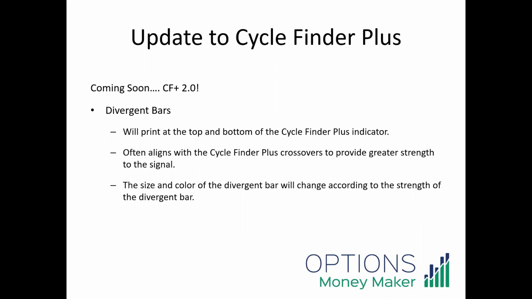And again, we're not specifically trading divergent bars, but if you can add a bit more information to the signal when you have a Cycle Finder Plus cross, it just increases the probability that you have a successful trade. So these divergent bars often align perfectly with Cycle Finder Plus crossovers, and we're going to help you understand, based on the size and color of the divergent bar indicator, what the strength of that divergent bar is.